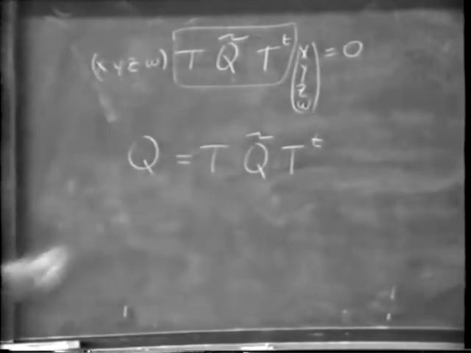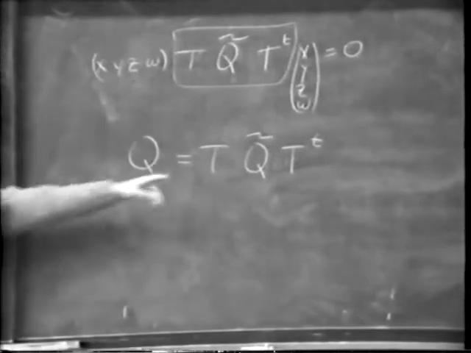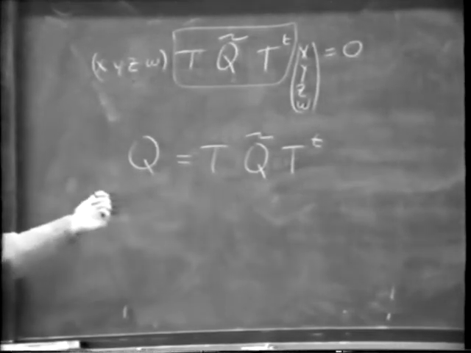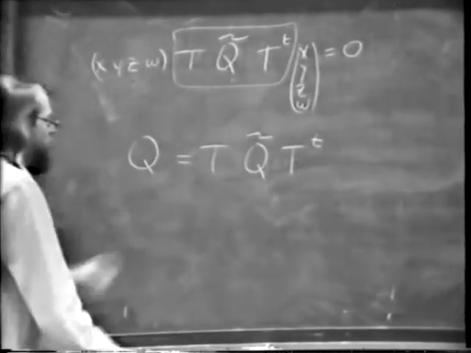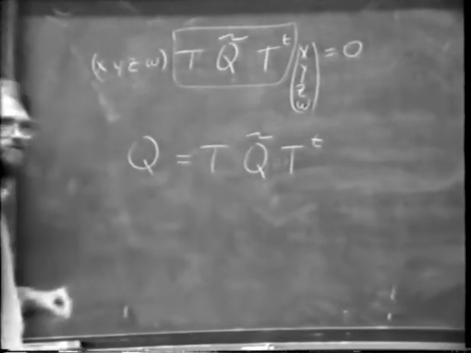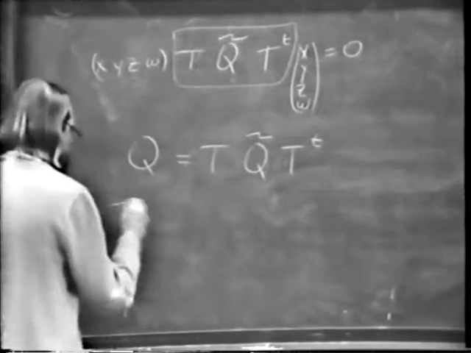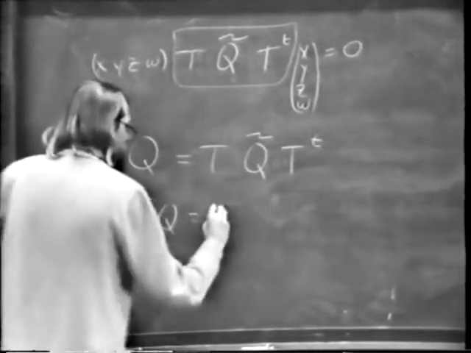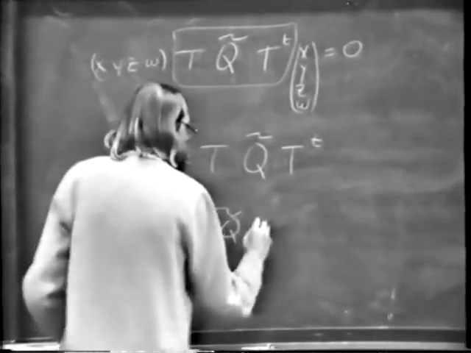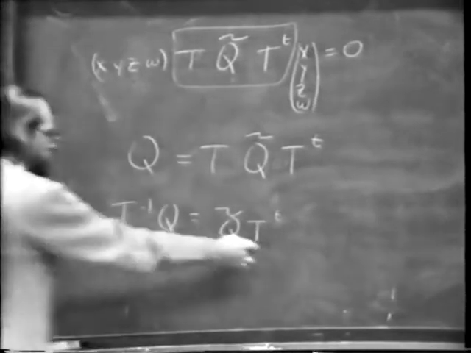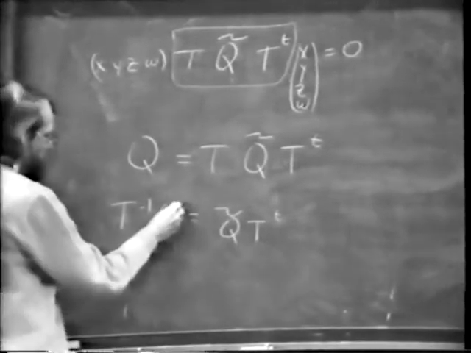Now, this is the inverse of the relationship we want. We want to get Q tilde in terms of Q, not the other way around. So we just start multiplying, move the T to the other side by multiplying by the inverse. And then move this T to the other side by post-multiplying by the inverse.